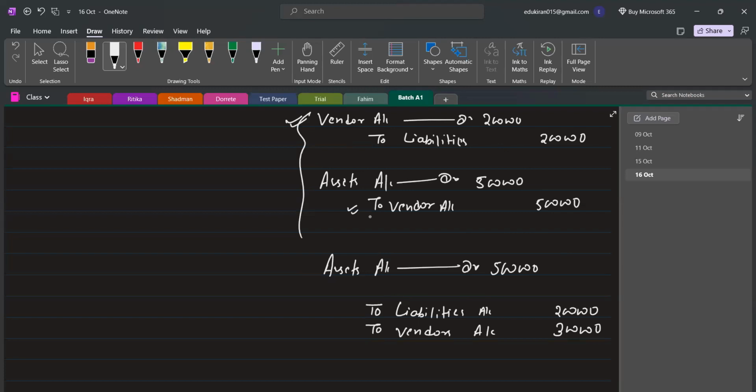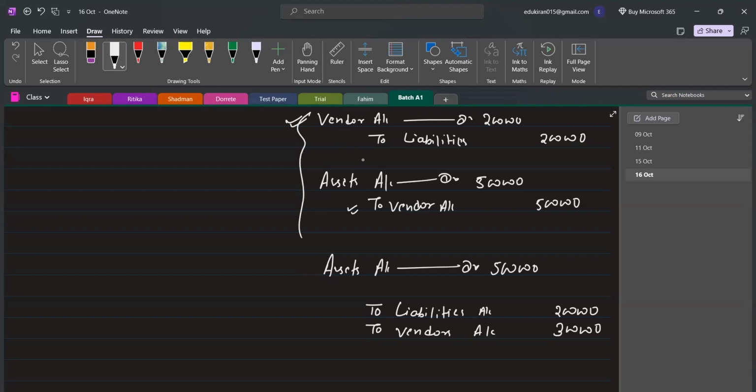If in this type of portion a vendor is debited and credited with the same amount, like on the debit side this is also 5 lakh, then it will be removed because there is no balance left in vendor.